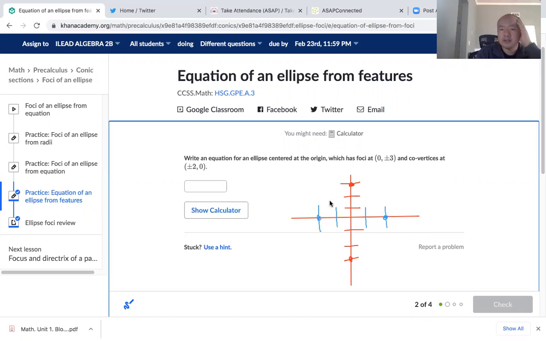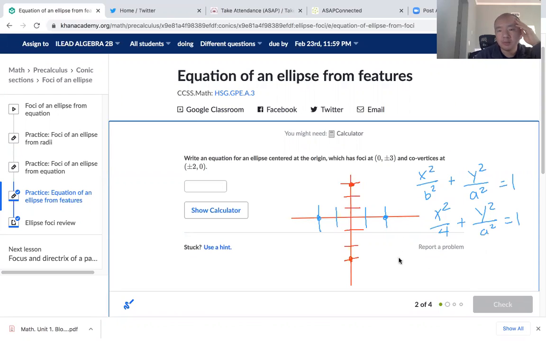And remember, since the major axis is the y, we're going to use the following formula: x squared over b squared plus y squared over a squared is equal to 1. Okay, we have the b, right, of 2. So the x squared over 4 plus y squared over a squared is equal to 1.